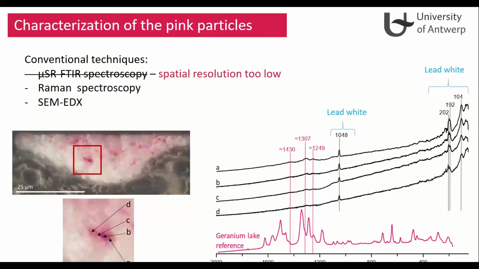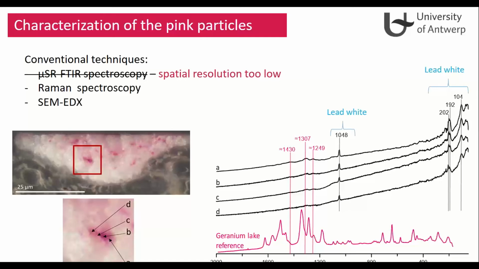But there are also some peaks around 1430, 1307, and 1249 that are located in the region where there are bands also from geranium lake. Geranium lake is also a pink-red pigment used by Van Gogh in the same period of the painting. So it would make sense to have it in the sample.